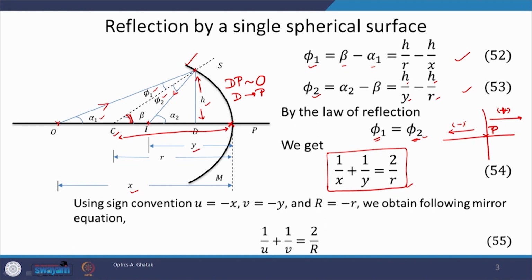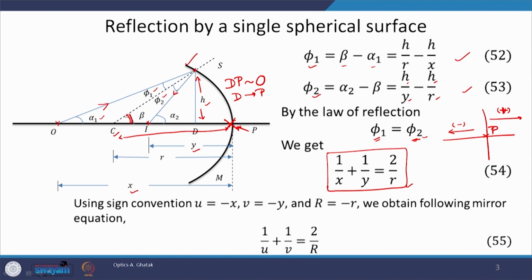Now, from the figure, x, y and small r all three are on the left side of point P. Here, this is point P. Since all these three parameters are on the left hand side of P, they all will be negative.